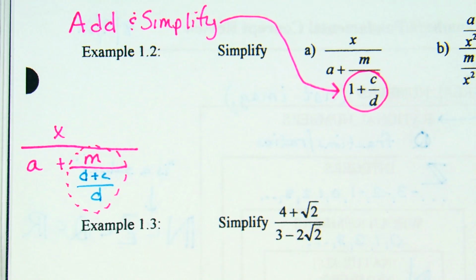So think dividing fractions. How do we divide? It's M divided by D plus C over D. How do we divide when fractions are involved? Multiply by the reciprocal. Keep, change, flip is what a lot of you say. So then it's M times D over D plus C. And all of this time, what is M as a fraction?